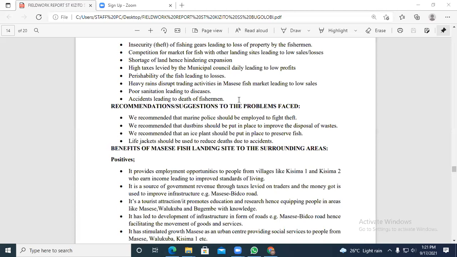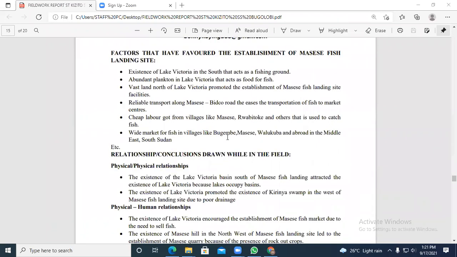It is the last topic, geographical relationships, where we have a connection between physical to physical, human to physical, and then human to human. That is PP, PH, and HH. Those are the conclusions drawn.